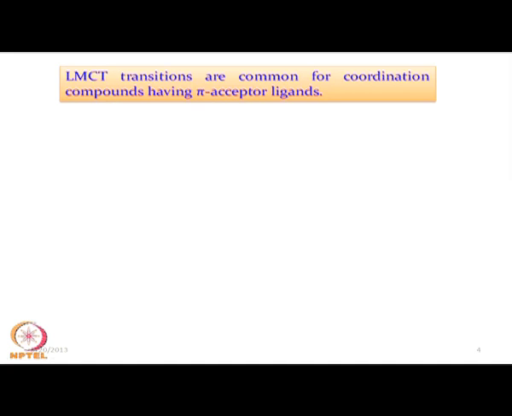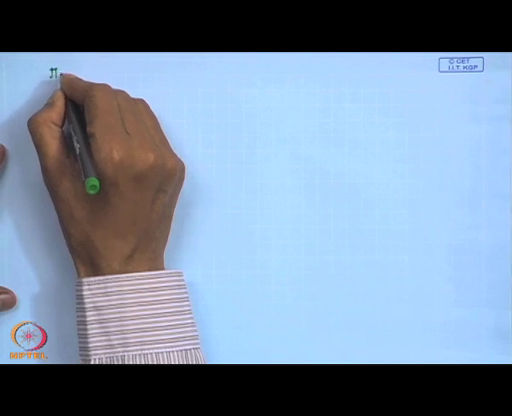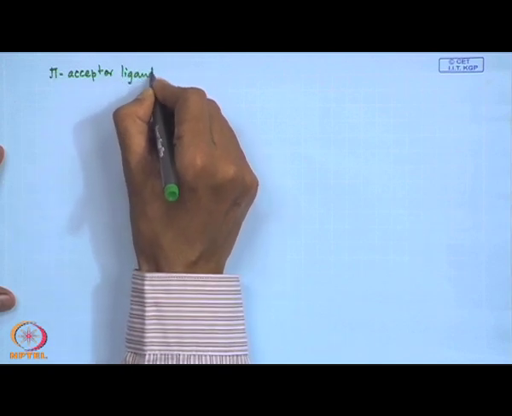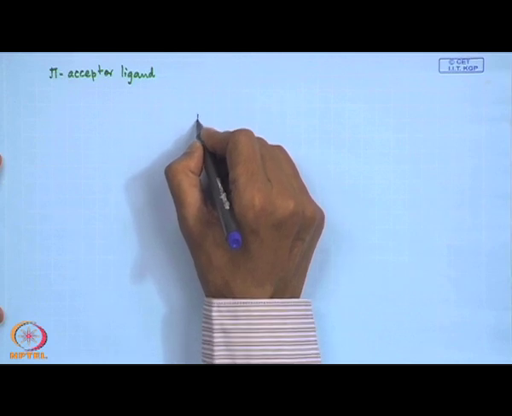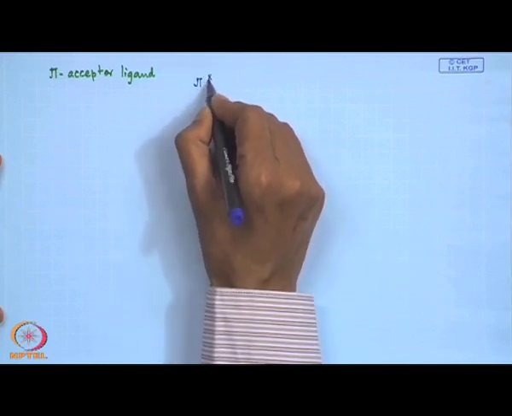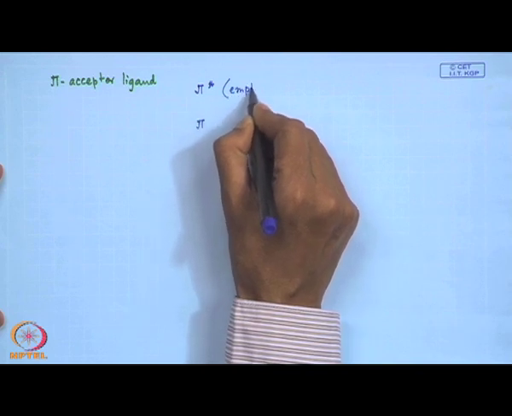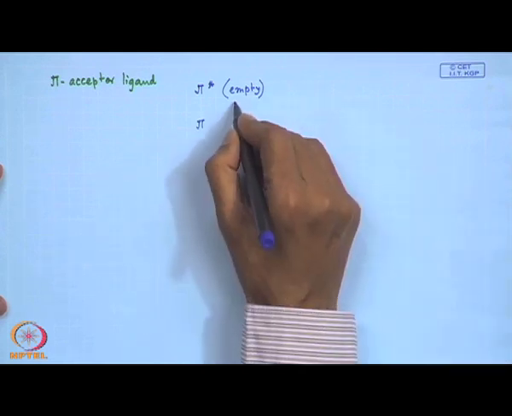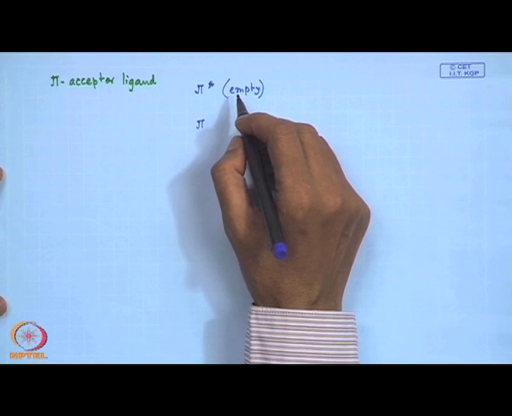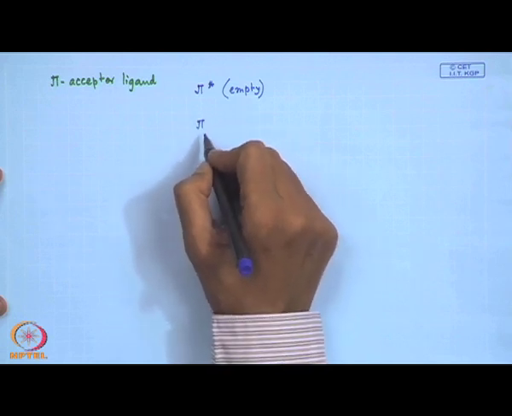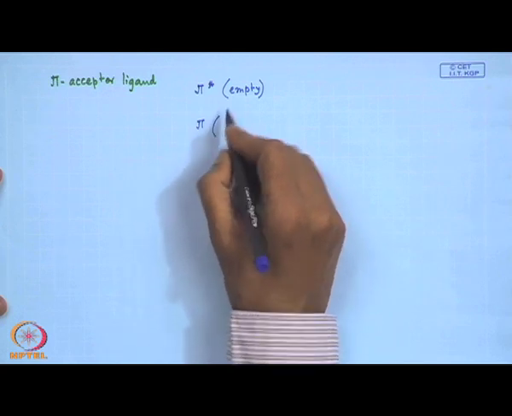One important thing we are now defining: if we have a pi acceptor ligand, that means the system will have the pi level as well as the pi star level, and if the pi star level is empty, it is the corresponding vacant molecular orbital, then we can have a system where the electron density is not going from there, but this is full.